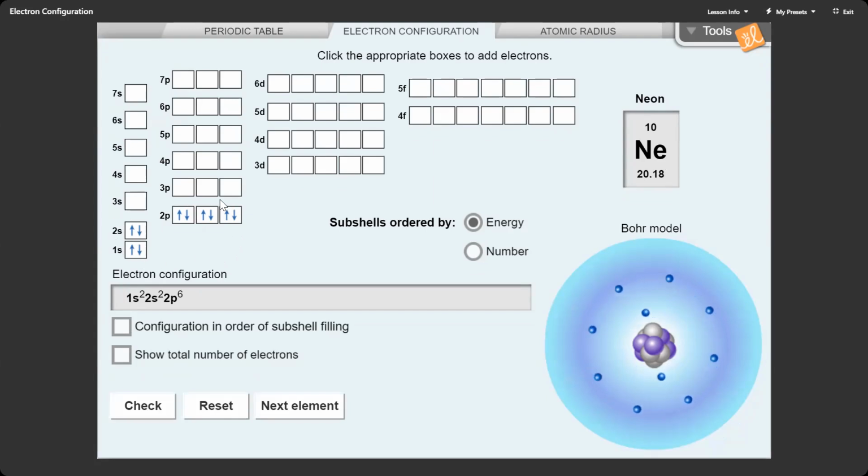So this is the electron orbital diagram, and then this is the electron configuration. 1s2, there are 2 electrons in the first energy level, s orbital. Then 2s2, second energy level, s orbital, there are 2 electrons. Second energy level, again, there's the p orbital, there are 6 electrons. So you've done neon.